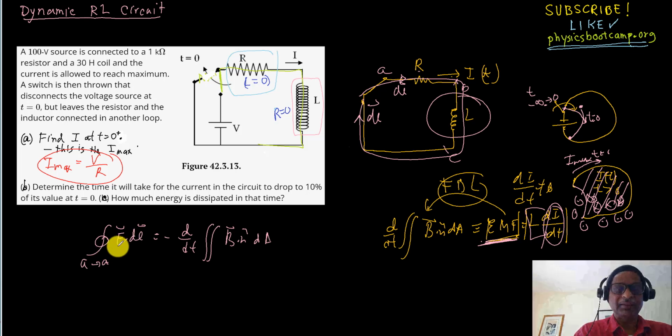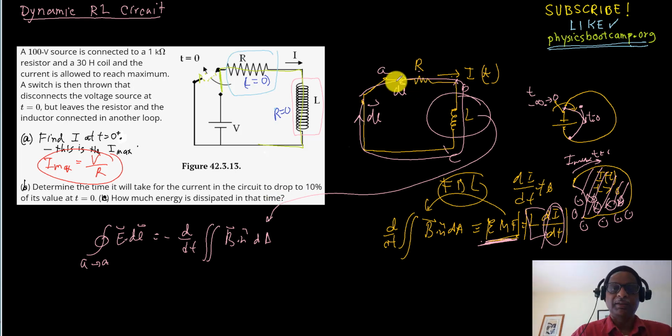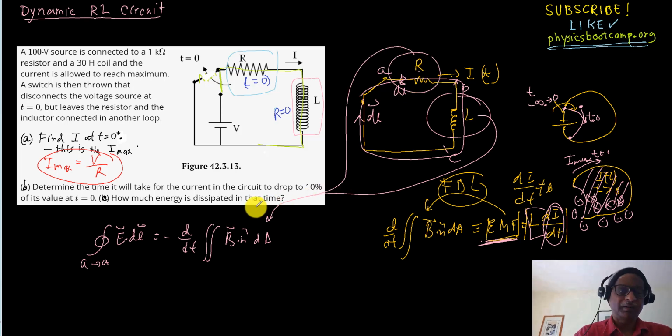So if you do this, then this part is on the right side, on the left side is this part, and this is going to be minus IR, and this is just going to be L di/dt.